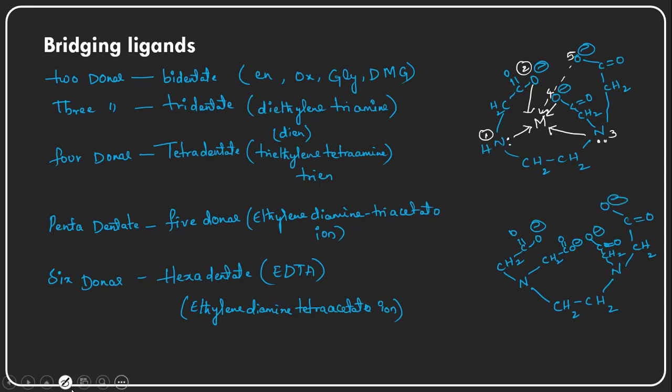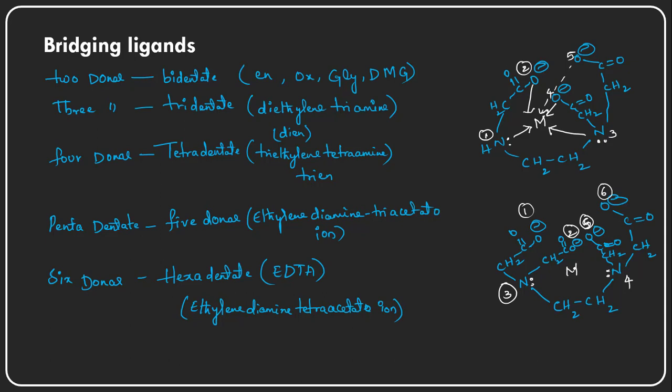So now you see how many donor atoms are present. This oxygen carrying a lone pair of electrons can readily donate the pair of electrons to the central metal cation, so that is 1, and this is the second oxygen, and since this nitrogen is having a lone pair of electrons, it can donate the pair of electrons to the central metal cation, and this is the 3 and this is the 4, and this oxygen will be 5, and this oxygen carrying a negative charge is the 6.